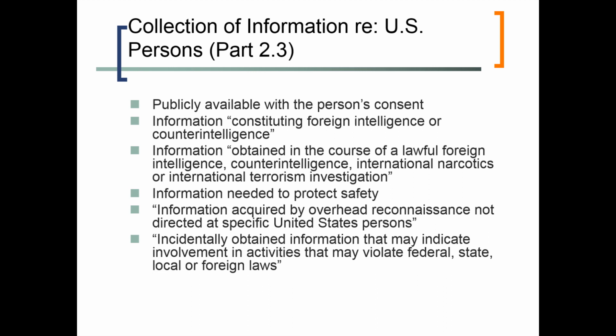All of these kinds of things are really covering two broad areas. One is information that's otherwise public or otherwise gathered from general reconnaissance that isn't targeting U.S. citizens, or information that is otherwise lawfully acquired in the course of ordinary surveillance, signals intelligence activity.